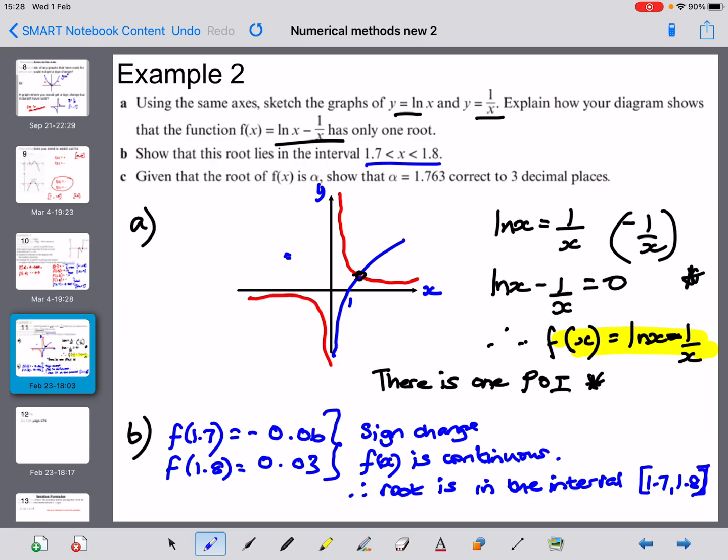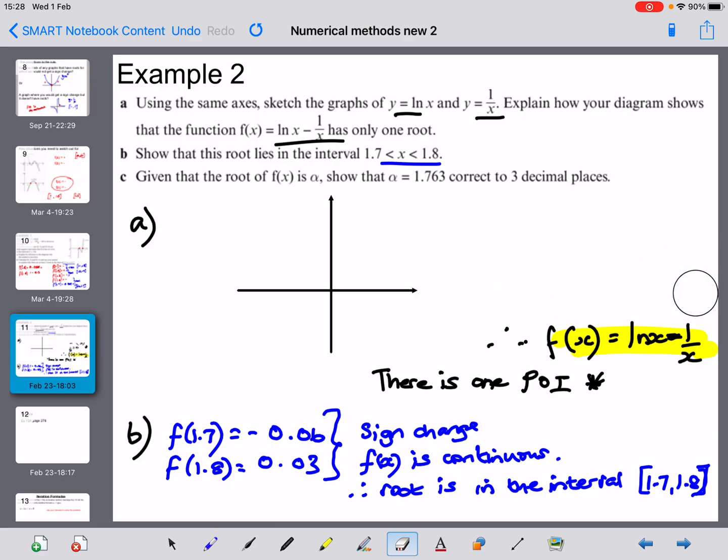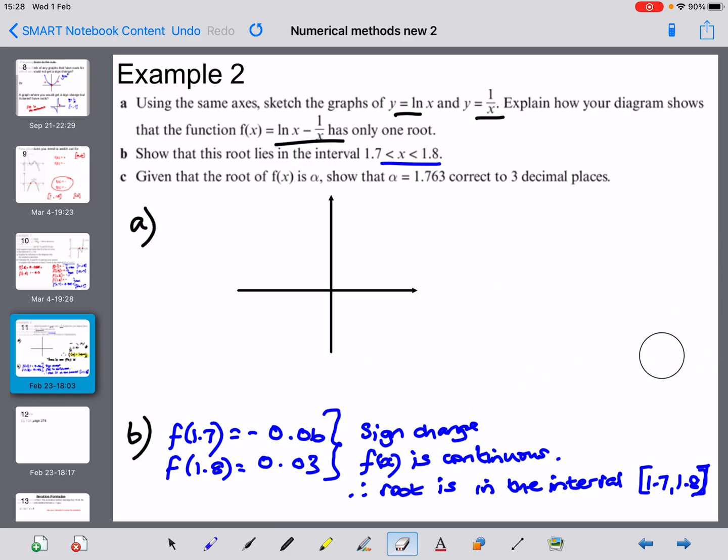Okay, part C says, given that the root of f of x is alpha, show that alpha is 1.763 correct to 3 decimal places. So what we need to be doing is thinking about how can we show that the root that we've got is 1.763 correct to 3 decimal places.